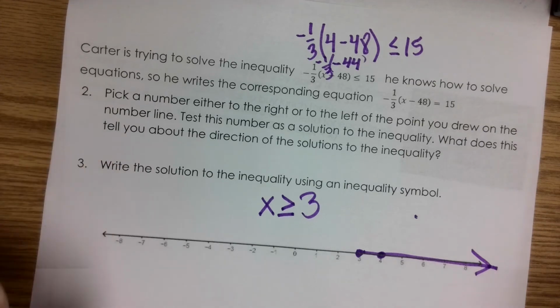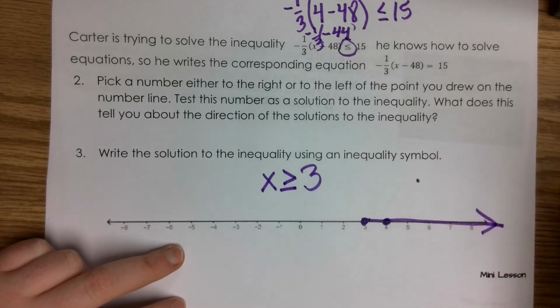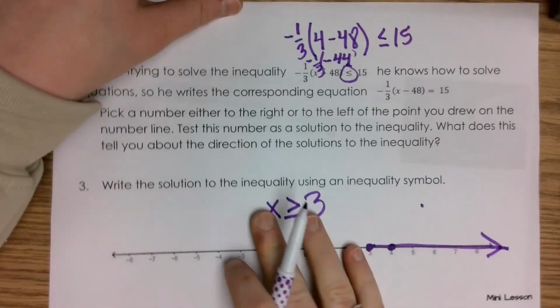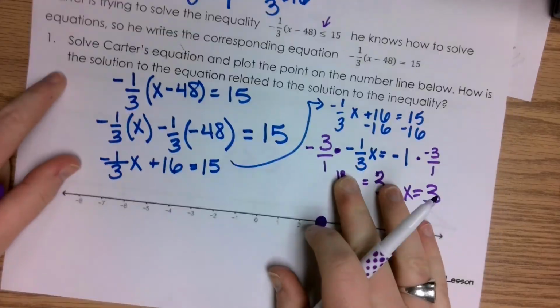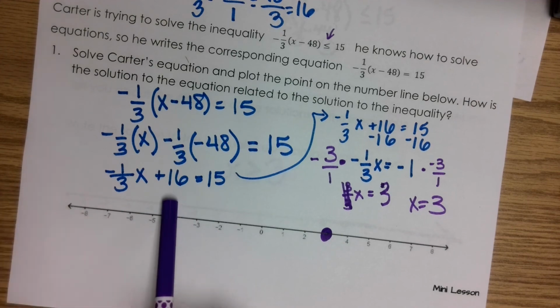It's interesting to me, and I'd like to point this out, that originally the inequality symbol was less than or equal to, and then the solution is greater than or equal to 3. Let's see what we did to the equation that may have caused that. Let's go back. Okay, this makes sense. I just simplified.